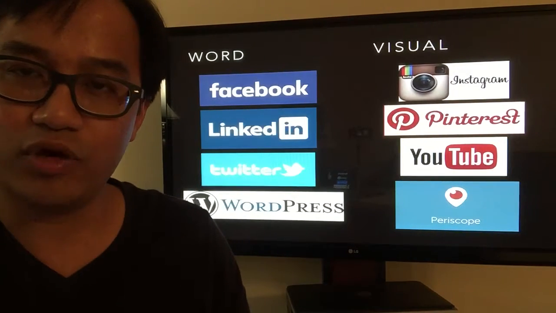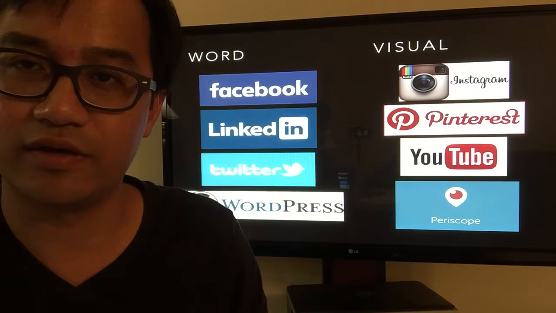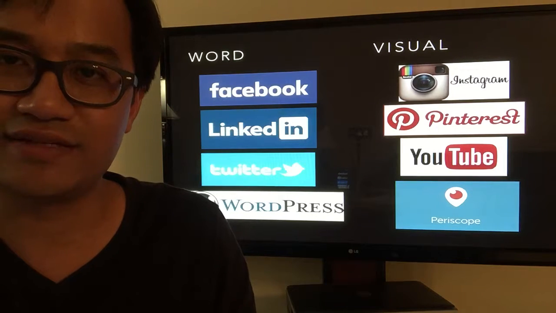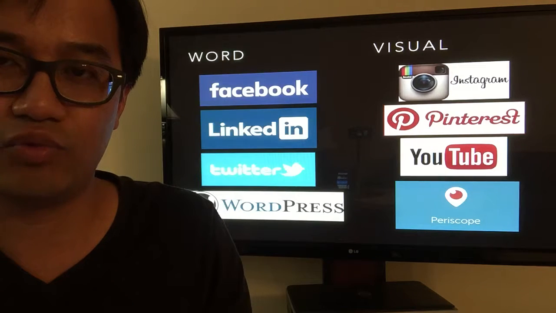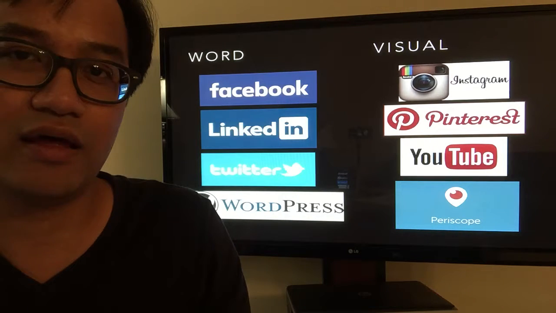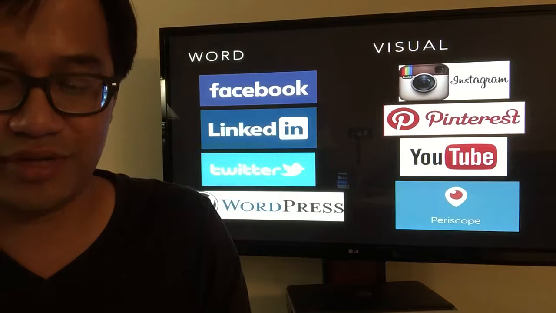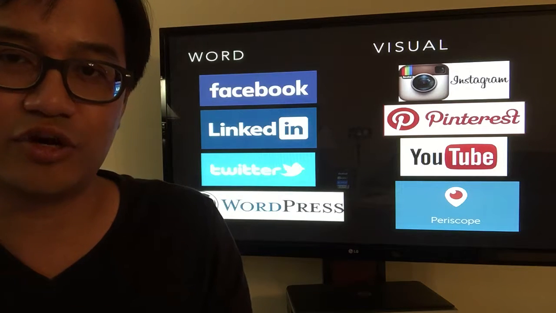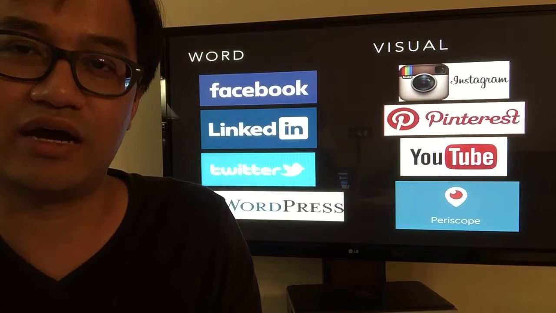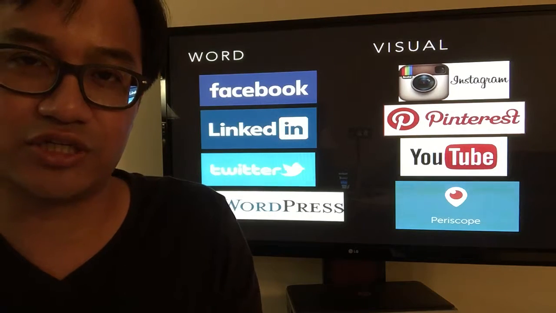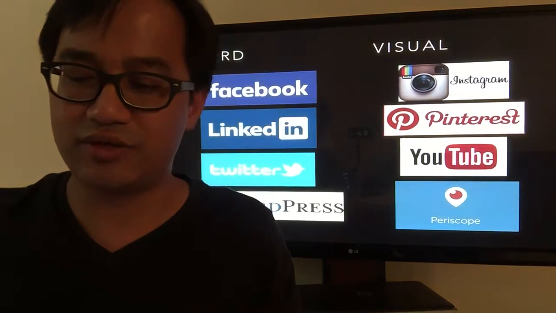The word-based social media networking sites or platforms are like Facebook, LinkedIn, Twitter, and WordPress. Whereas Instagram, Pinterest, YouTube, and Periscope are essentially social media networking platforms that are built around visual images such as pictures or videos.